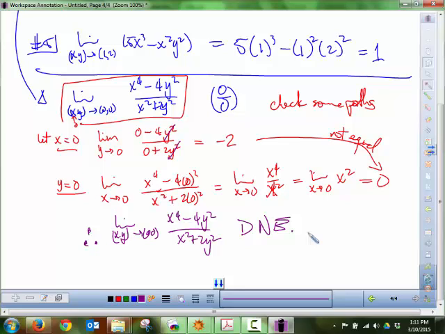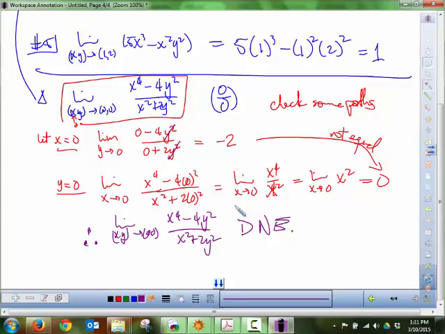So if it did exist and (0, 0) is not defined, that's when we have this punctured business, and we can put a point here. But here the limit doesn't exist, so it's like it's not even connected, so we can't just put one point in there to make it continuous anymore.